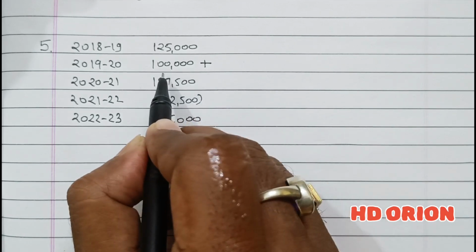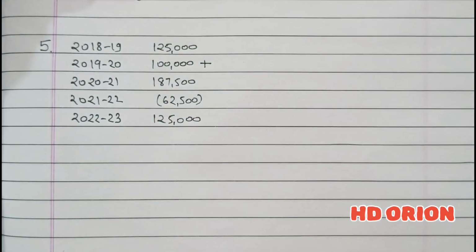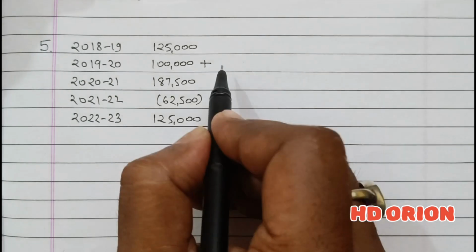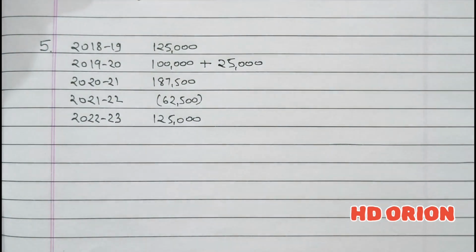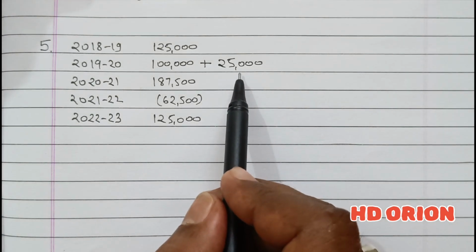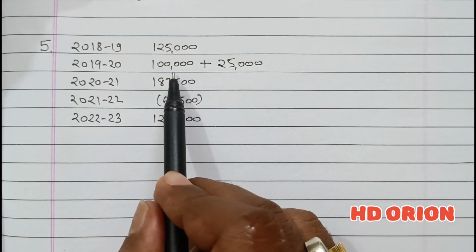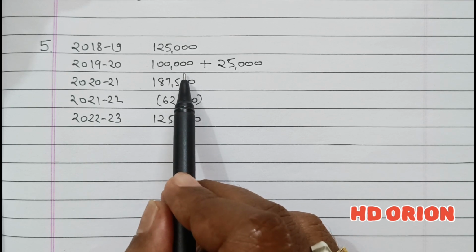So we have to eliminate abnormal loss, and abnormal losses are eliminated by adding that abnormal loss back to the profit. So 25,000 abnormal loss will be added back in this respective year only, because this has been deducted in the net profit, and therefore the net profit of that year is rupees 1 lakh.